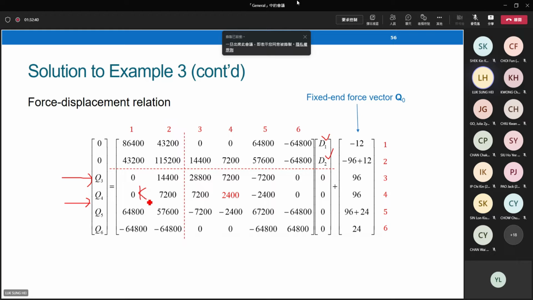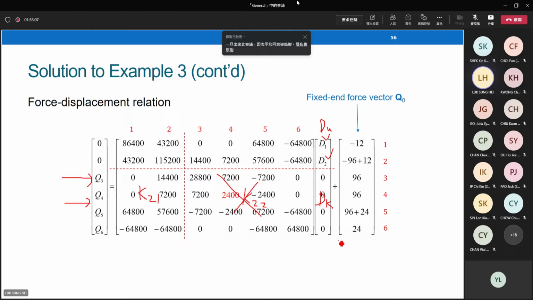K21 times du is here, plus K22 times dk. But dk is 0 again. Here, dk is 0. So actually, K22 is useless in this problem. It will not affect your calculation because it's multiplied by a 0 displacement, dk.